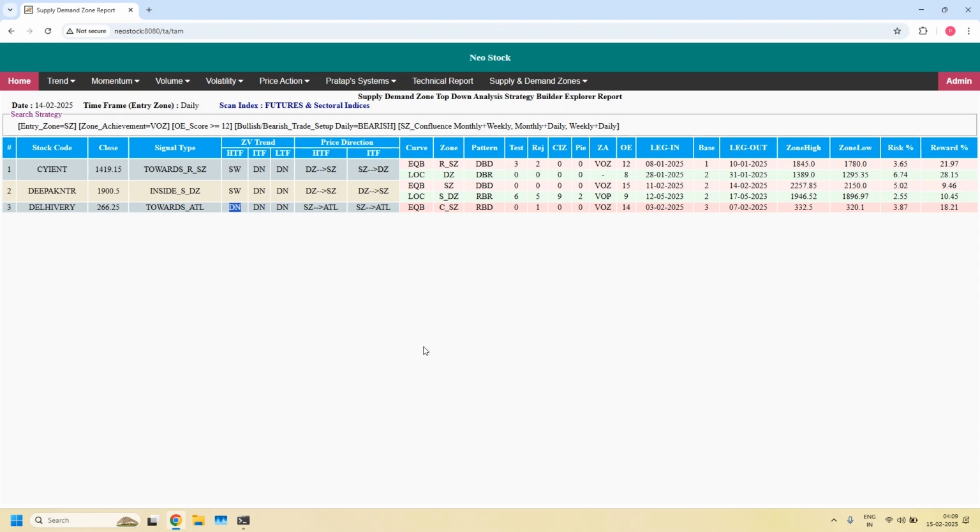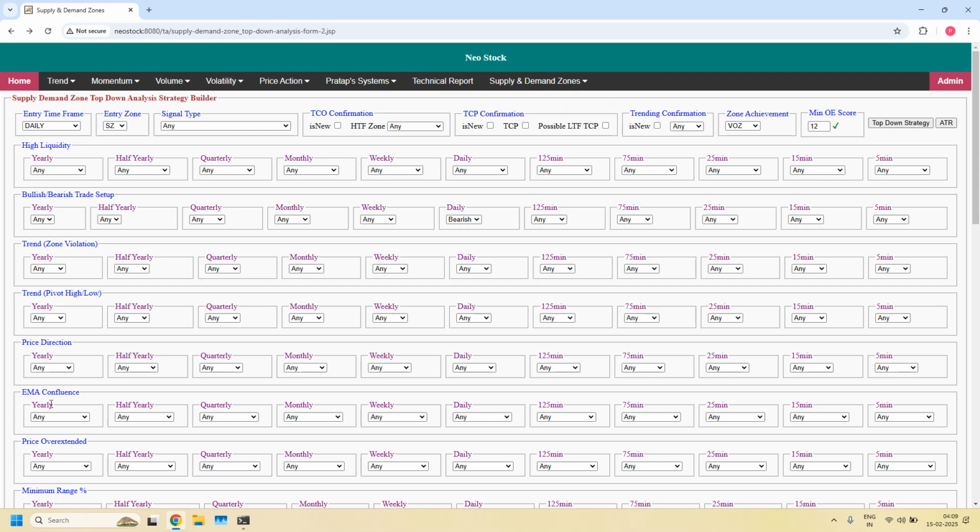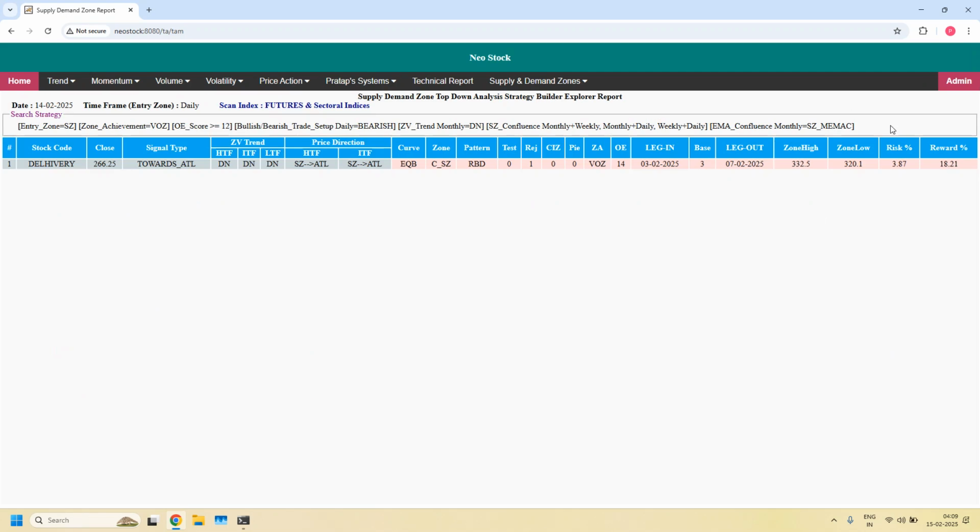So this daily supply zone. Let's verify. In the EMA confluence, at monthly time frame, I'm checking whether the monthly supply zone has monthly EMA confluence or not. At the same time, trend, because 2 stocks have a sideways trend at monthly, we don't want them. So the trend should be downtrend, because it is a bearish trade setup. Trend should be down, HTF trade.